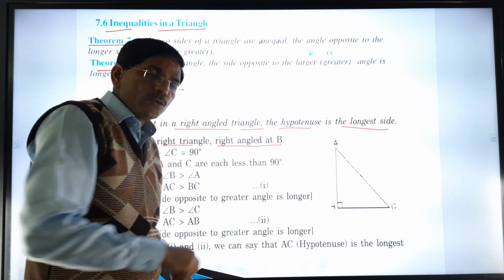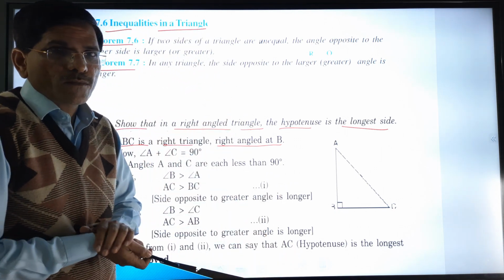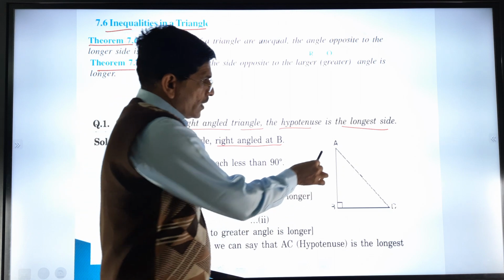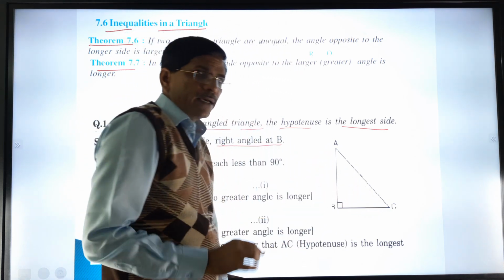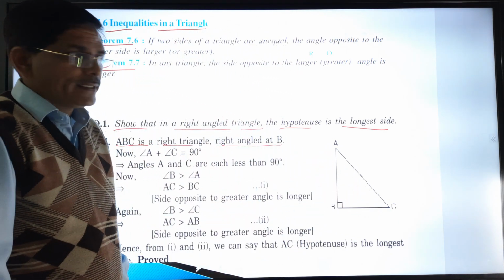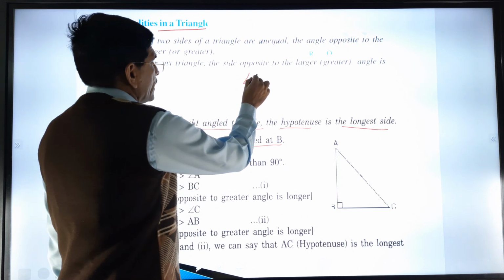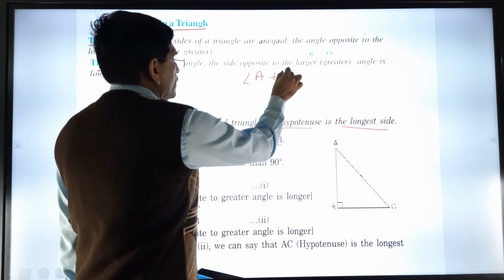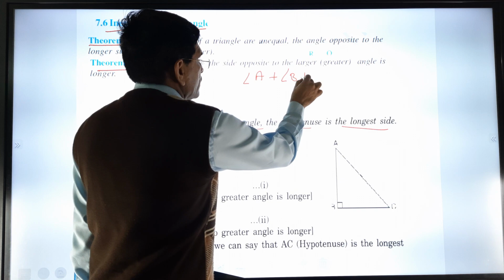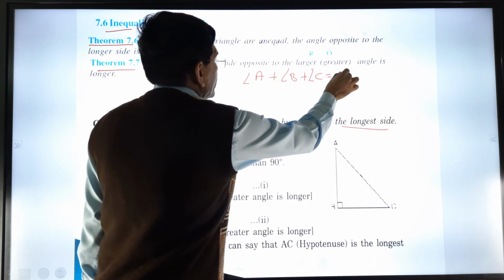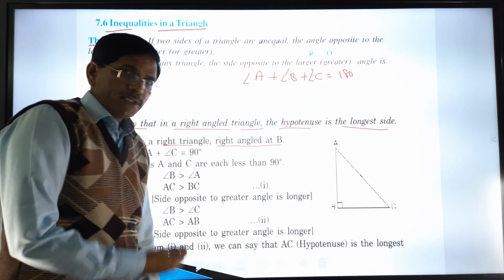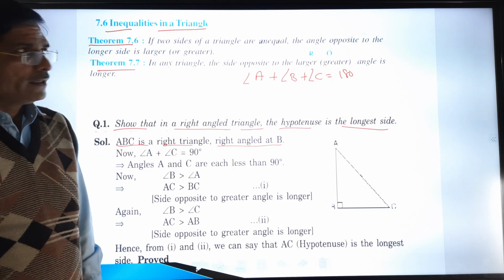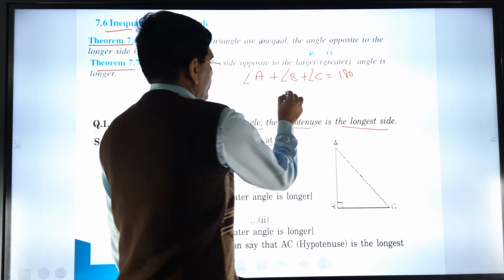Now we know, according to chapter number 6, that the sum of angles of a triangle is always 180. So angle A plus angle B plus angle C is equal to 180. The triangle is right angled, so measure of angle B is equal to 90.